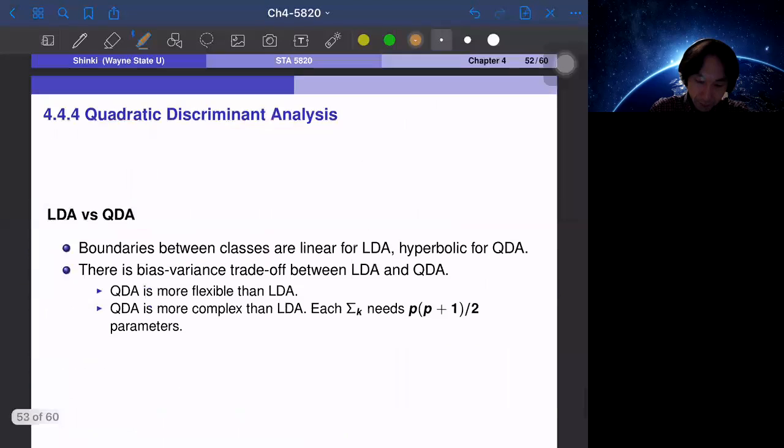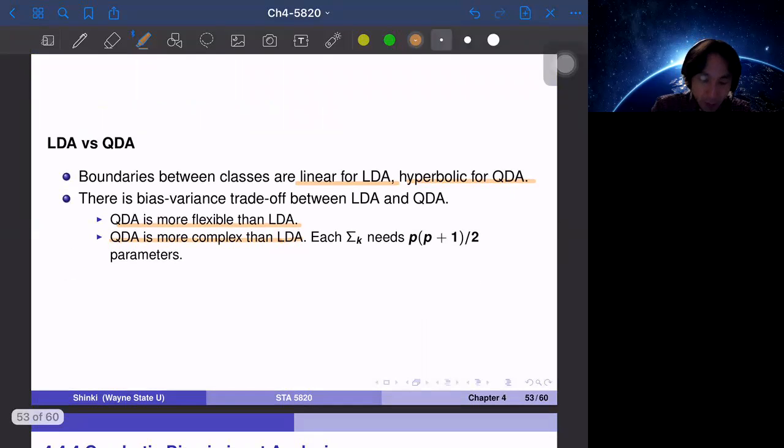So boundaries are linear for LDA and hyperbolic for QDA. And in terms of bias and variance, QDA is more flexible, but QDA is more complex. So basically they're less stable.